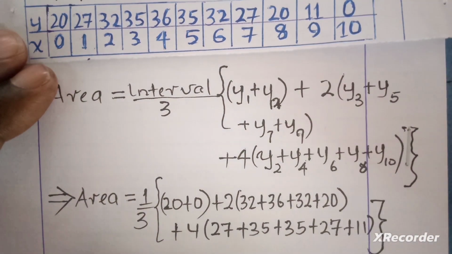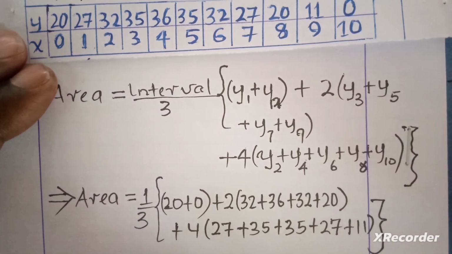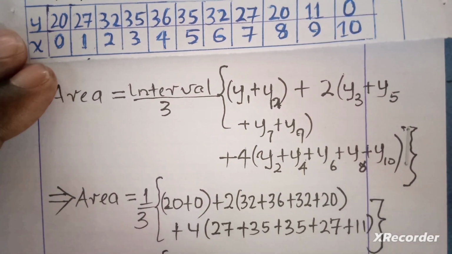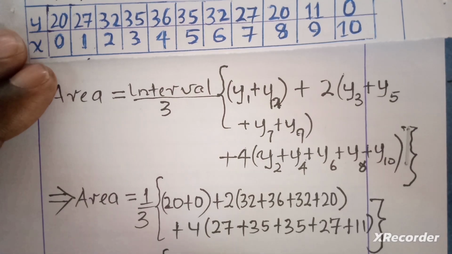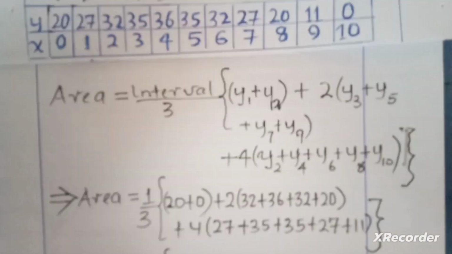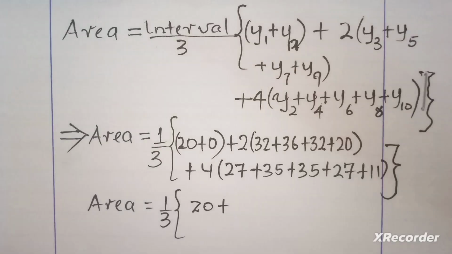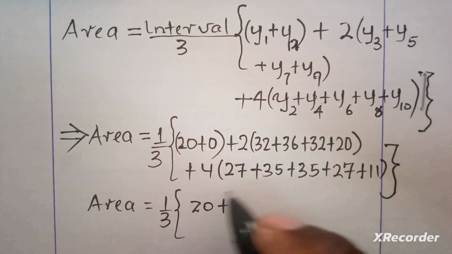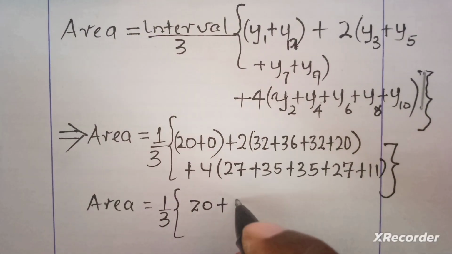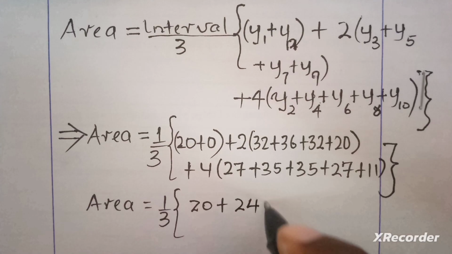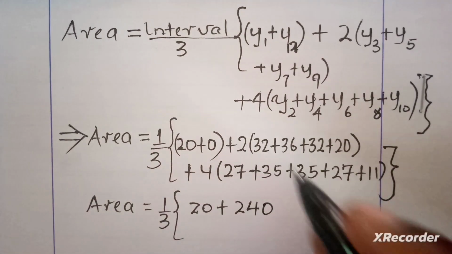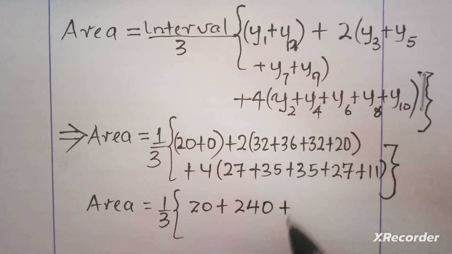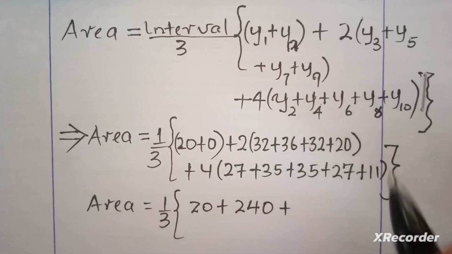So this area will then be equal to, I've already done this, 1/3, and here we have 20, plus this one is 240, and then we have finally 540 for 4 times that.